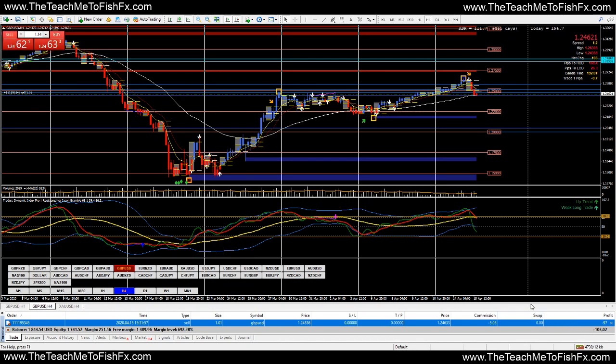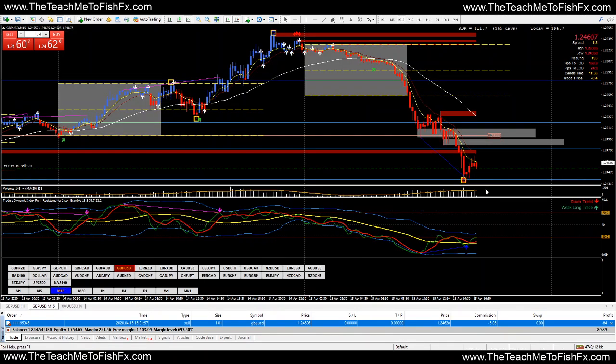It's going up just because GU is working on the low of the day. You guys can see where the TDI was totally overbought. But you can't always just go off of overbought, oversold of the TDI. You have to wait on other confluences, and this is a perfect example. But you do have divergence here.